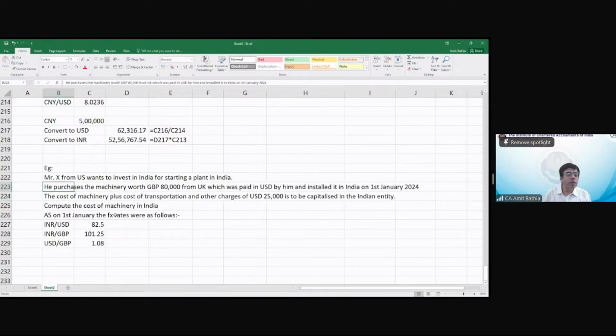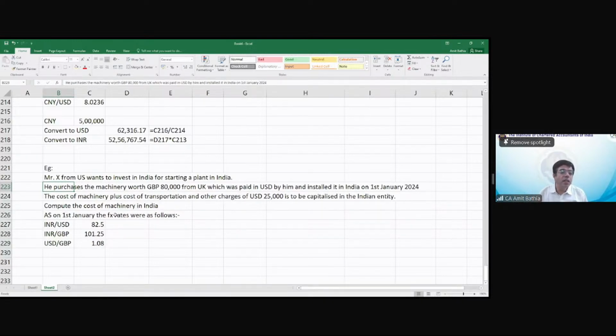He purchases the machinery worth GBP 80,000 from UK, which was paid in USD by him, and installed it in India on 1st January 2024. The cost of machinery plus cost of transportation and other charges of USD 25,000 is to be capitalized in the Indian entity. Compute the cost of machinery in India.